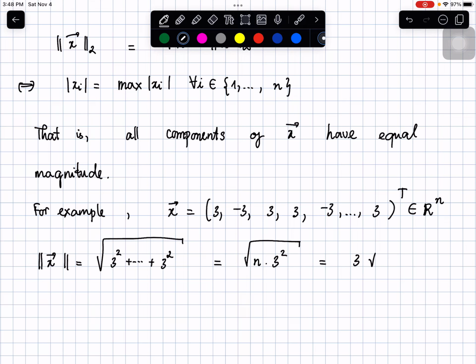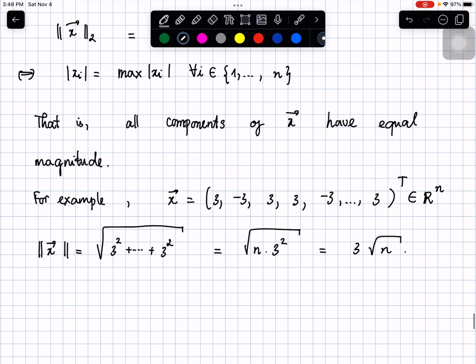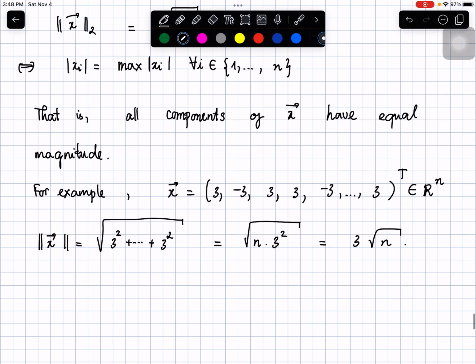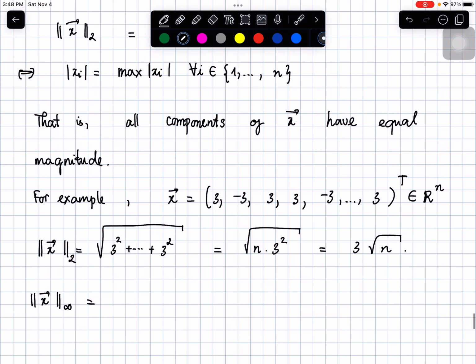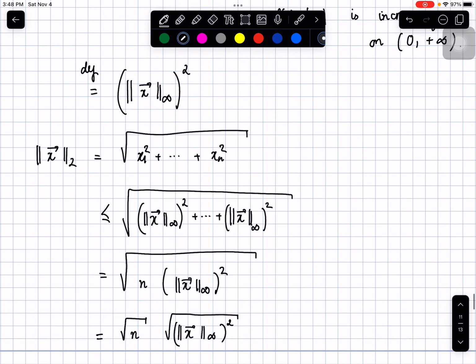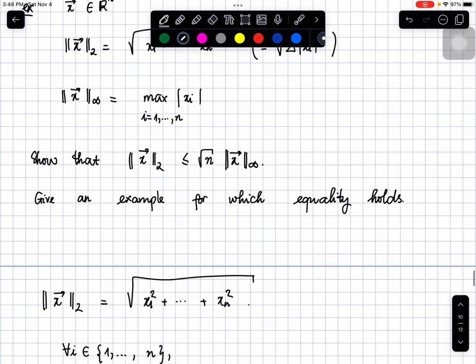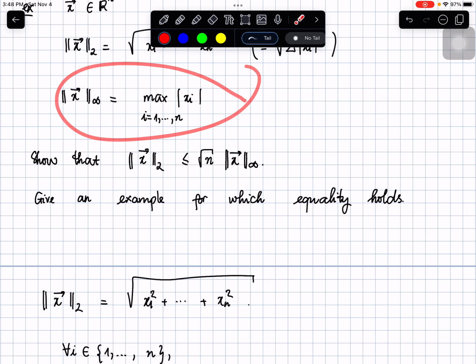So it's 3 root n. And this is norm 2. And what is norm infinity of x? Yes, the definition is the maximum of the absolute values.